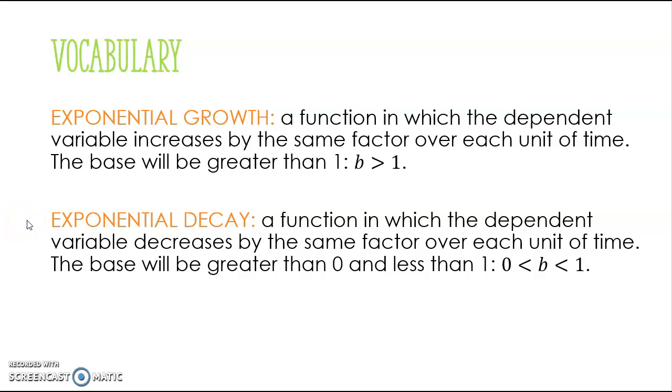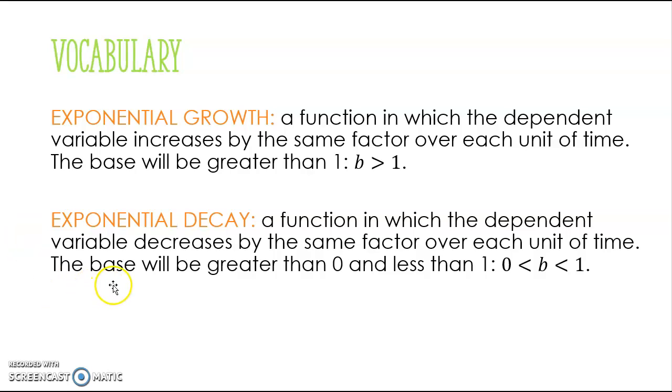Exponential decay is the other version. That's going to be a function where your dependent variable is decreasing by the same factor over each unit of time. So we're multiplying by the same thing over and over again. That makes it exponential, but we're multiplying by something that lets us keep less than 100% of our value each time.